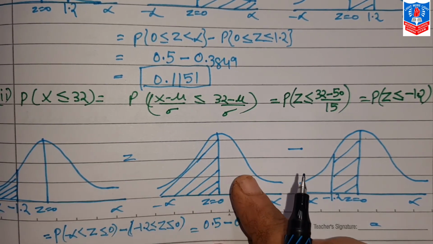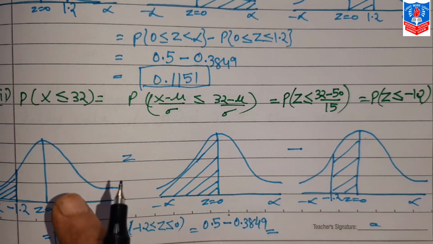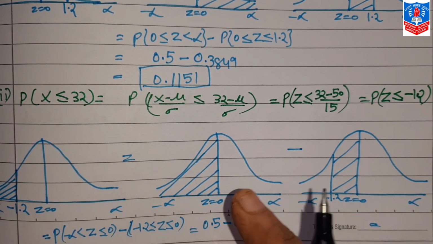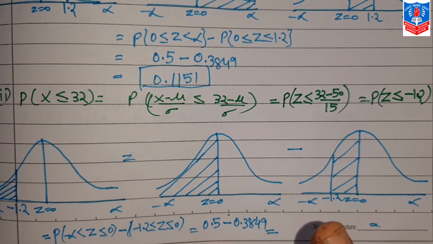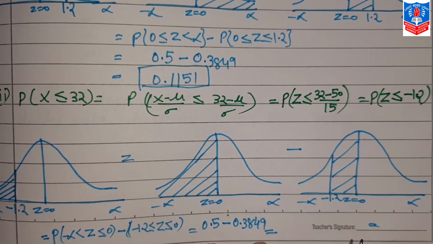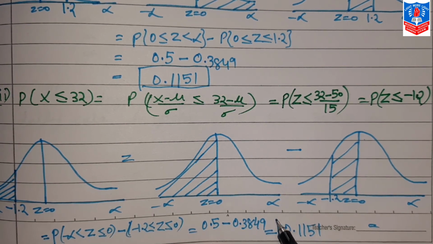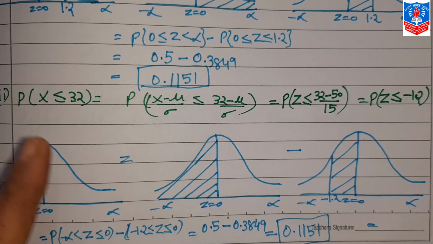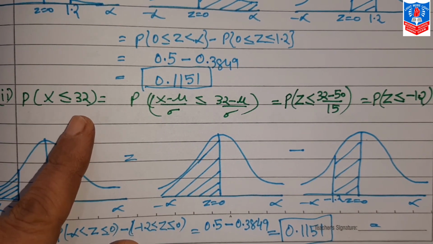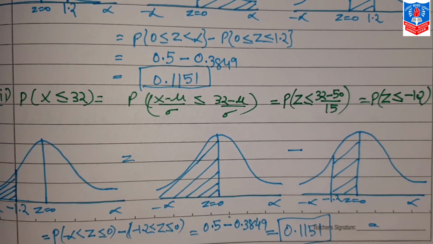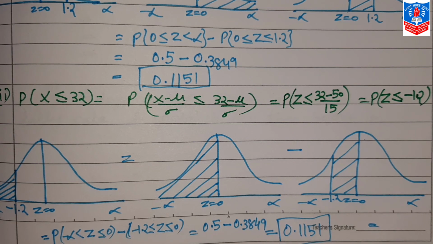Only in the diagrams negative values will be on the left hand side and positive values will be on the right hand side. But in the Z table it will be the same. So 0.5 minus 0.3849 comes to 0.1151. So this is the area where the value of x is less than or equal to 32, 0.1151.